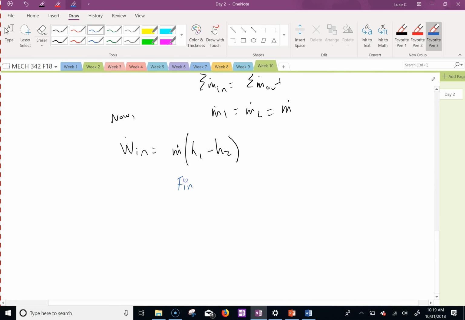So let's make a heading, find m dot. That's rho times V dot. Actually, let's put subscripts on here, 1 and 1. What's another way to write density? How do you know you're a gas?